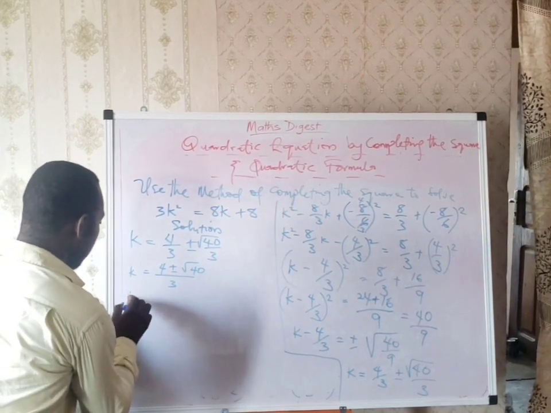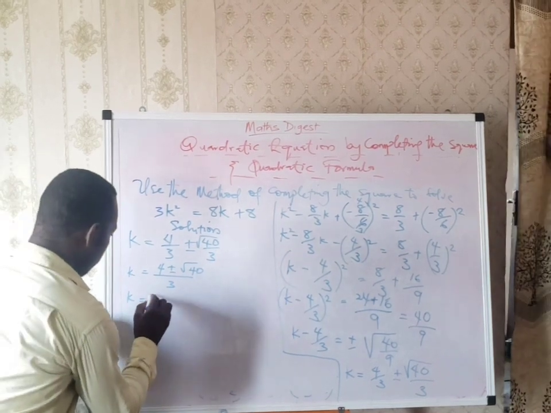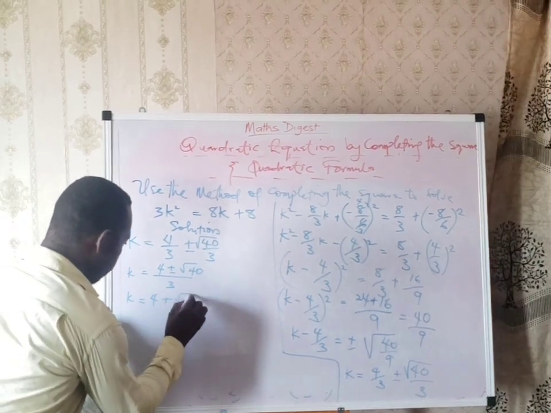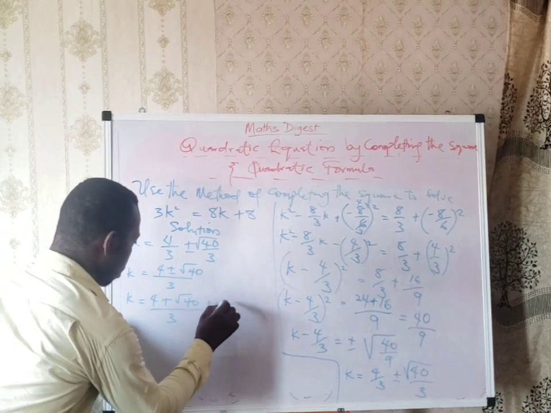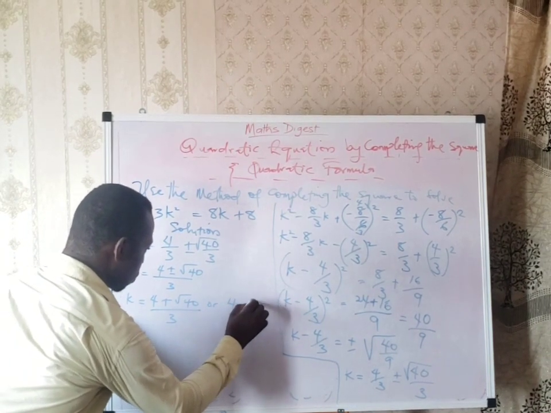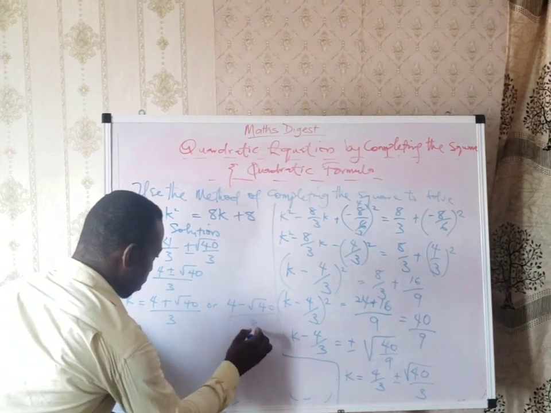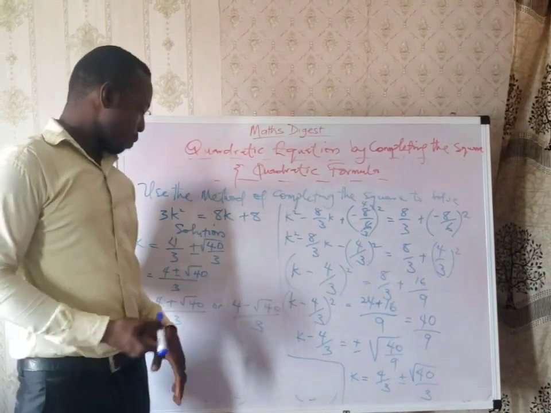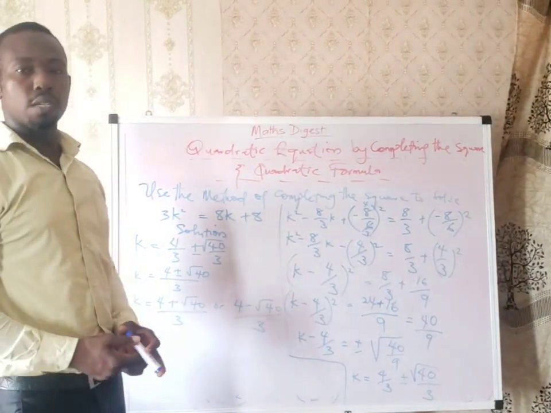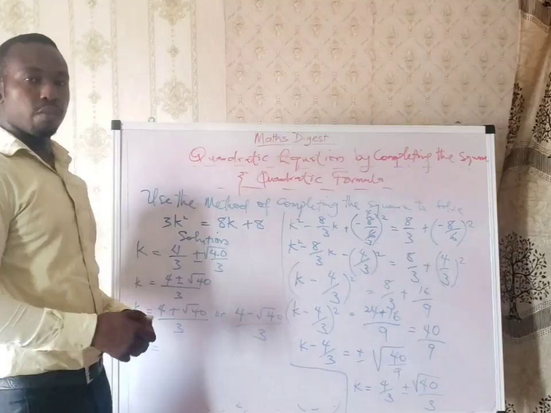Okay, now we have that k is equal to 4 plus root 40 over 3 or 4 minus root 40 over 3. We find the value of root 40. Quickly get the value of root 40. Have you gotten it?